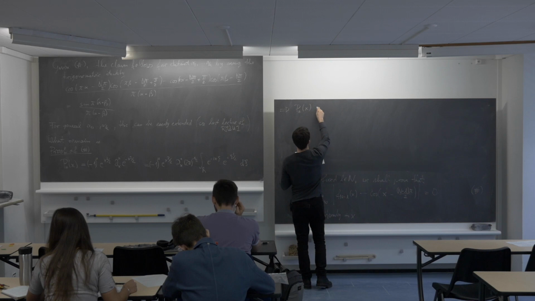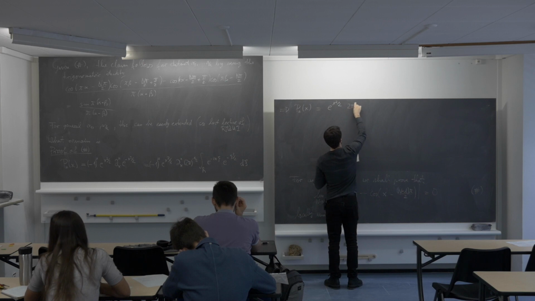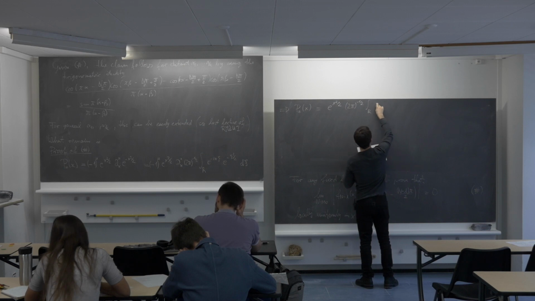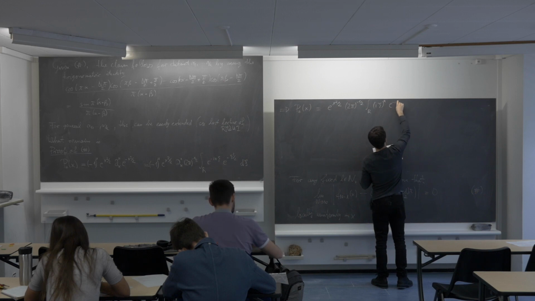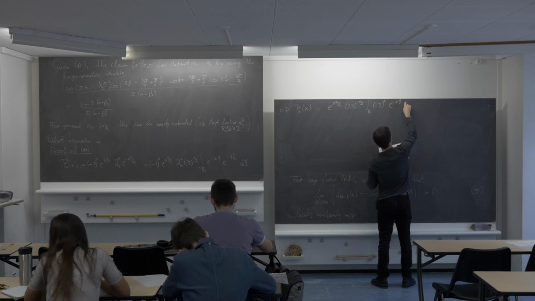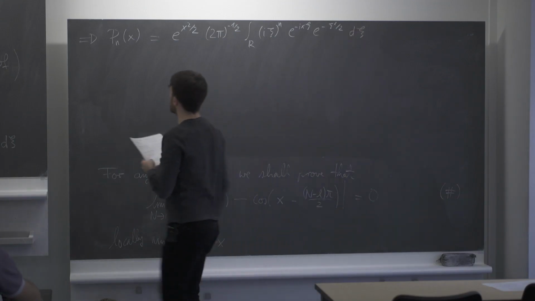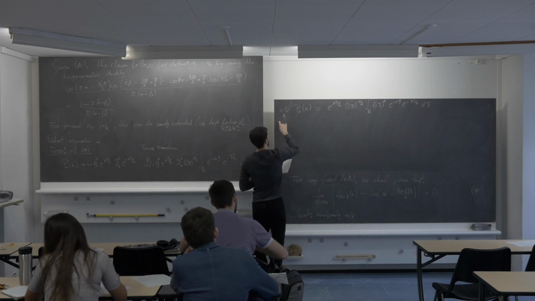You pick up this minus 1, so it's e^{x^2/2} (2π)^{-1/2} times the integral over R of (iξ)^n e^{ixξ} e^{-ξ^2/2} dξ. Somewhere here I can say Fourier transform. And these are some properties of the Fourier transform.